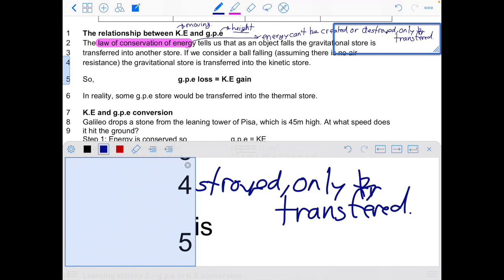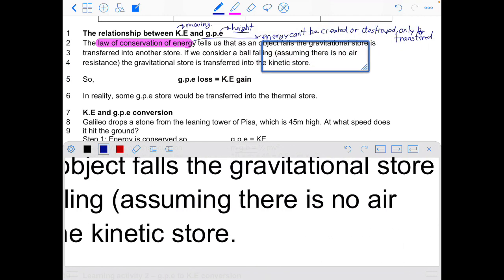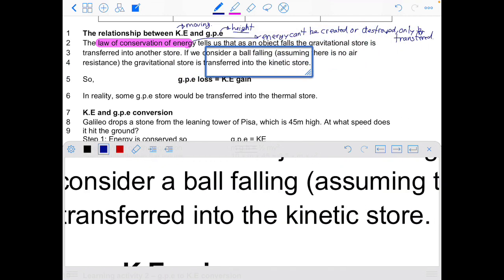So all the energy in the universe can't be created or destroyed, it can only be transferred. And it's through the 4 pathways that the energy can be transferred.